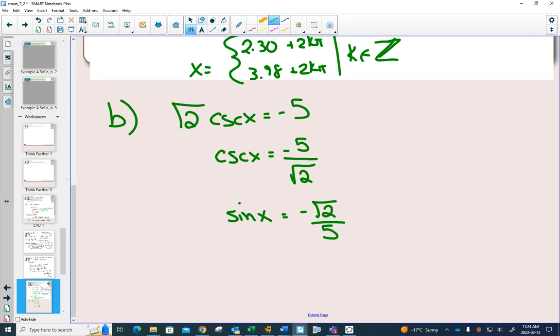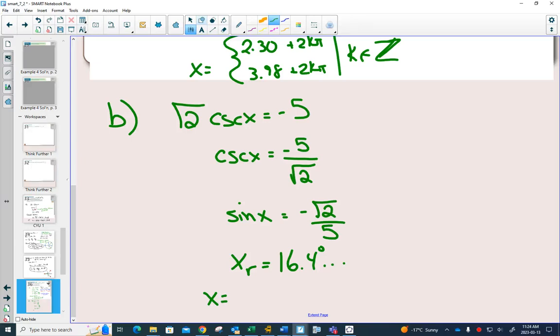Obviously not on our unit circle, so we're going to have to take out our calculator to find a reference angle. So I do sine inverse of positive square root of 2 divided by 5, and I get a reference angle of 16.4 degrees, and since it says round to the nearest degree.